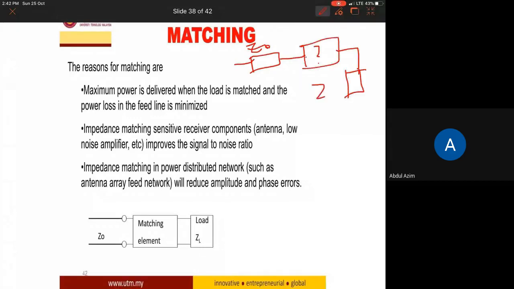You want to add this ZZ so that the power delivered from the source can be delivered to the load nearly 100%. We cannot get 100%, but at least 90%, 95% power delivered is already very good. So we want to introduce this ZZ as the matching element.